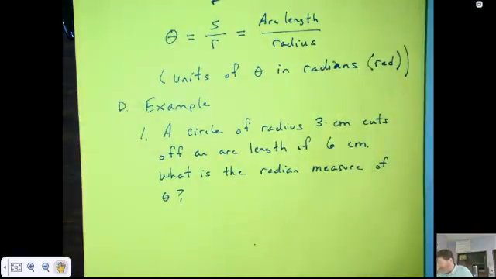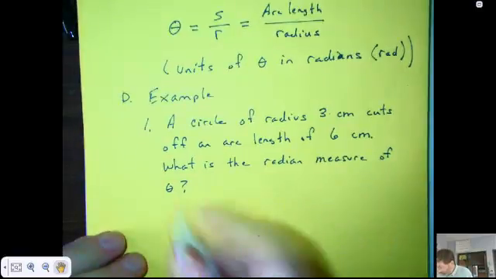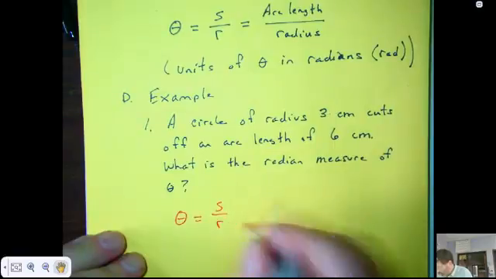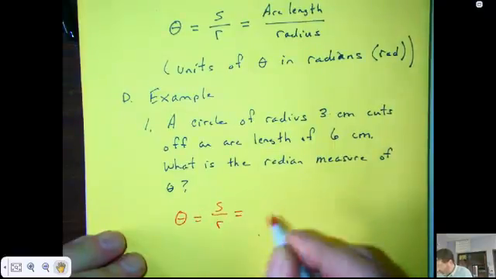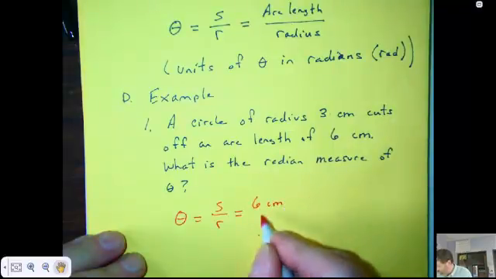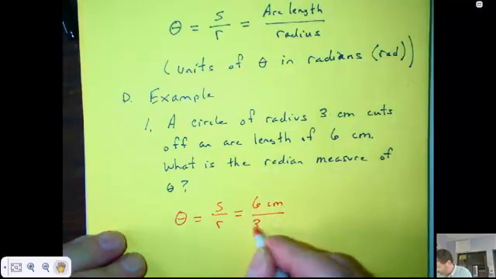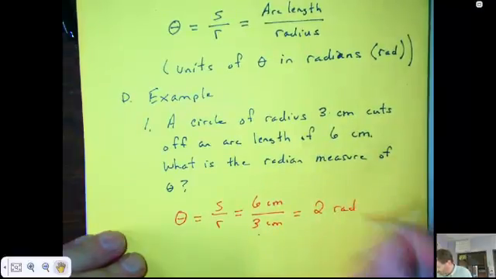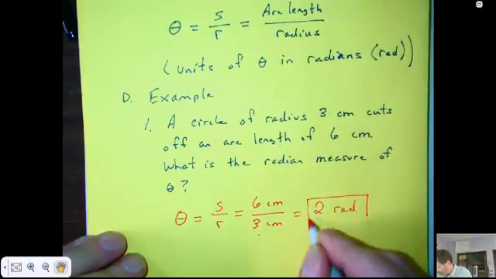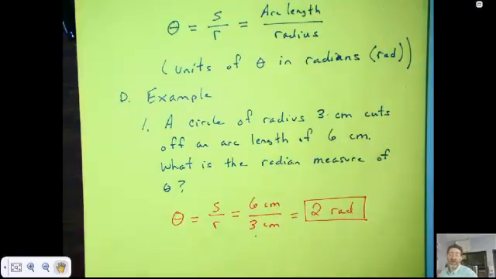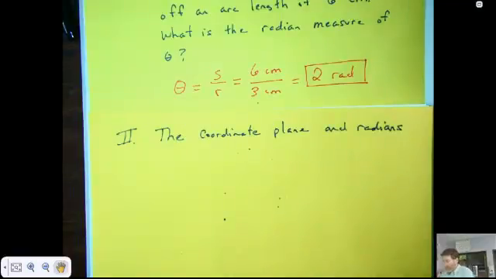Really this was meant to be pretty basic, but of course we know that theta is S over R. So the arc length is 6, and the radius must be 3. So we say that it's 2 radians. Alright, so that's using the basic definition.